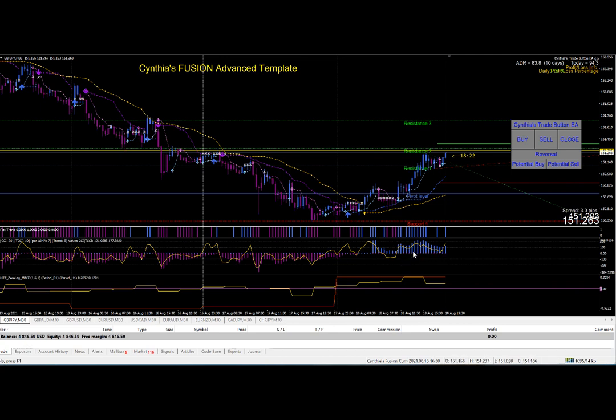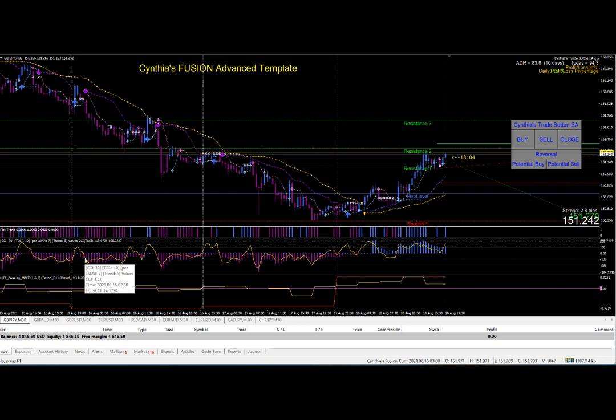And if the CCI crosses down below the 100 level and all of the colors agree and the trend lines agree and everything's going in the same direction, then when the yellow CCI trigger line crosses below the minus 100 level, that shows you the momentum is sufficient for a trade entry.